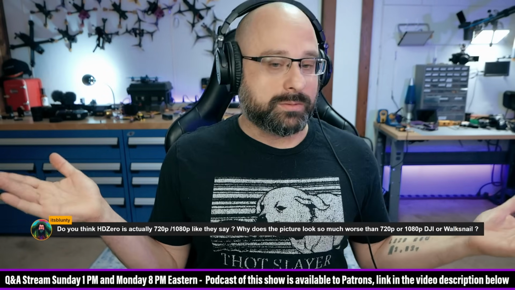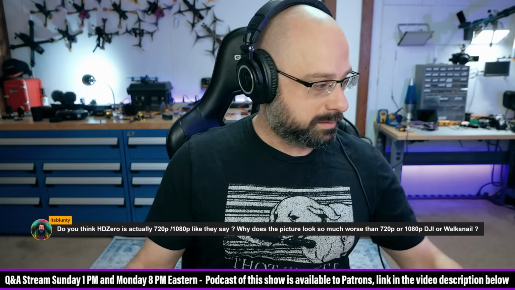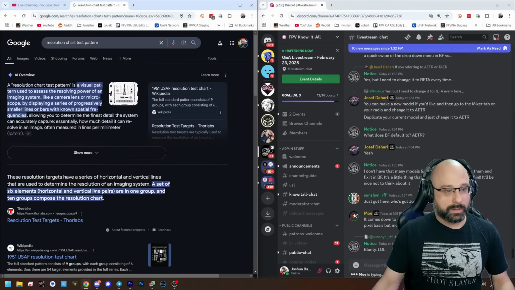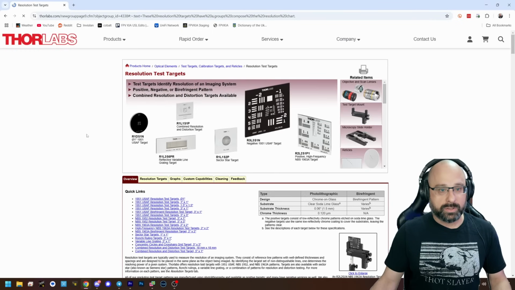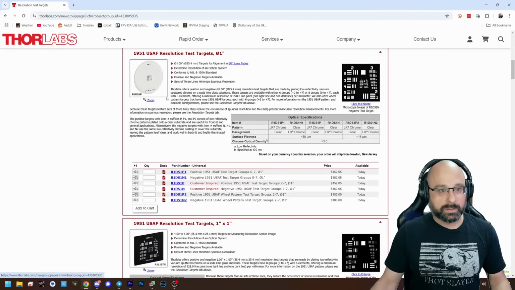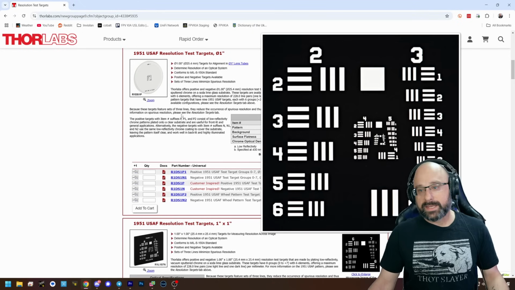What's the actual resolution? The only way to answer that question would be to use a resolution chart, which is a test pattern with a series of horizontal lines and vertical lines, and I'm just going to try to find one. Yeah, it would look something like this.